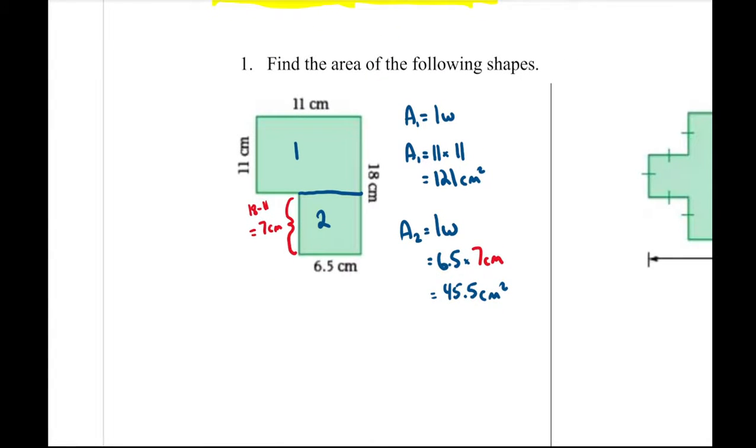To find the total area, now that I've found the individual ones, my area T, or my total area, is going to equal area 1 plus area 2, 121 plus 45.5, which equals 166.5 centimeters squared. So that is the area of this figure.